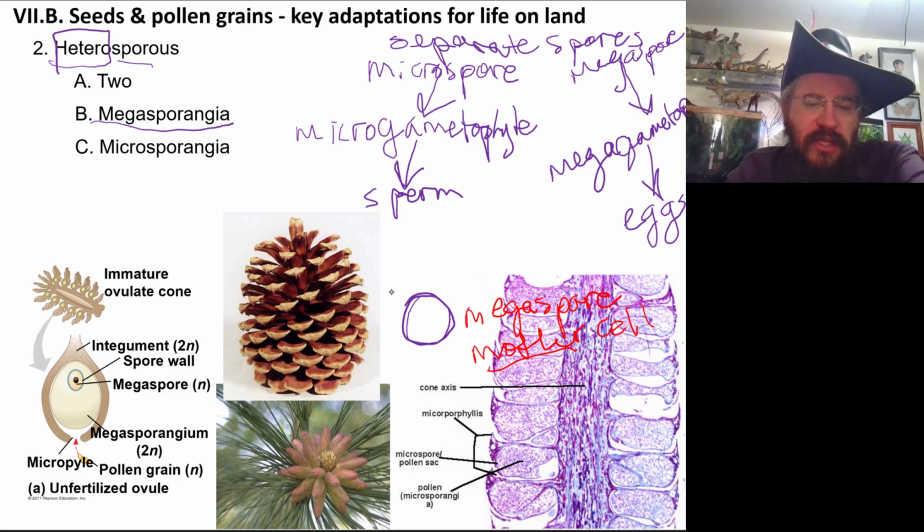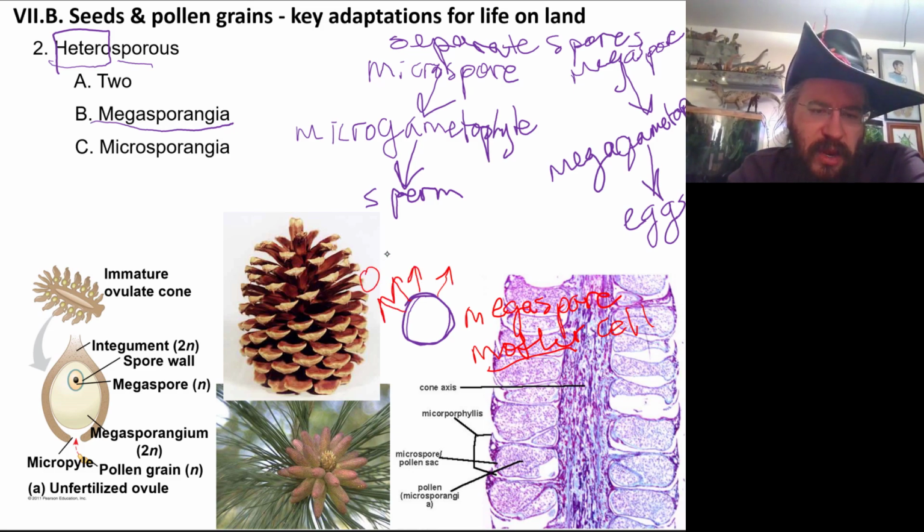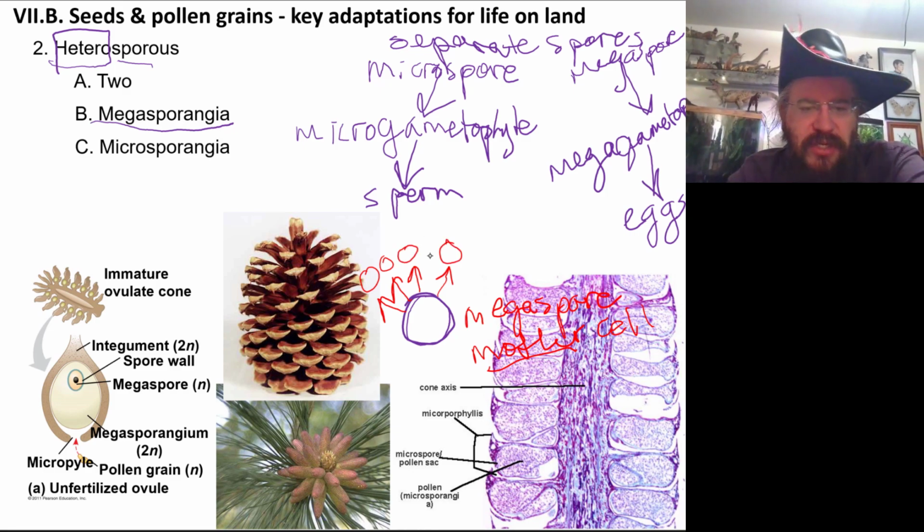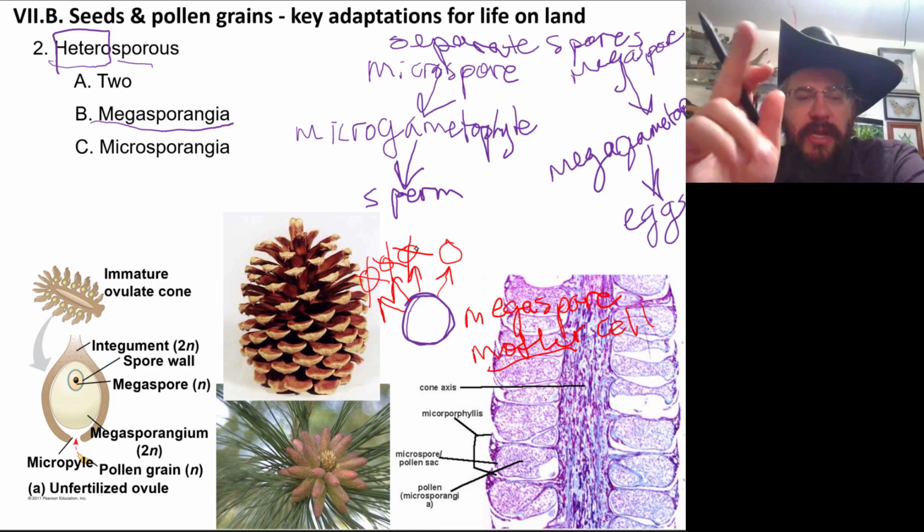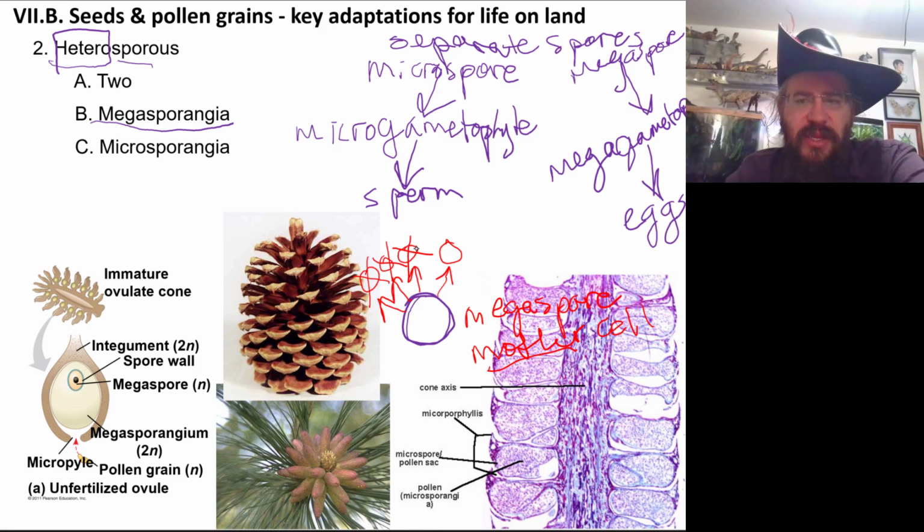Okay. So here's the neat thing about plants. You have the megasporangium that produces the megaspore mother cell that undergoes good old-fashioned meiosis. And we get the product of meiosis, 4 spores, but 3 of them are aborted and do not produce an egg.